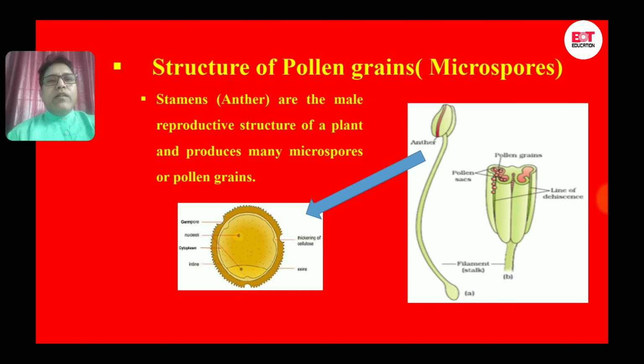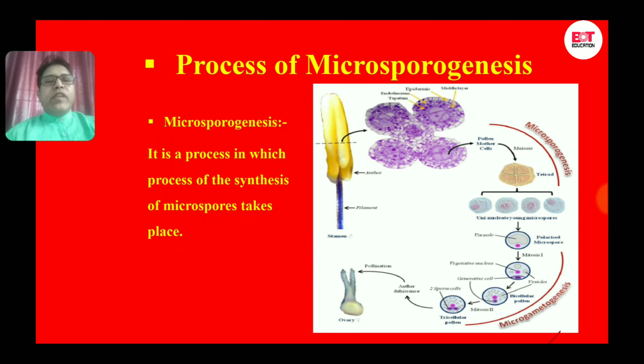Now let us see the further structures, that is the process of microsporogenesis. Microsporogenesis is a process in which the microspore is synthesized and released from the anthers. I just told you that this is the structure of the tapetum wall, in which there is the microspore mother cell. This microspore mother cell undergoes meiotic division and develops into four cells.